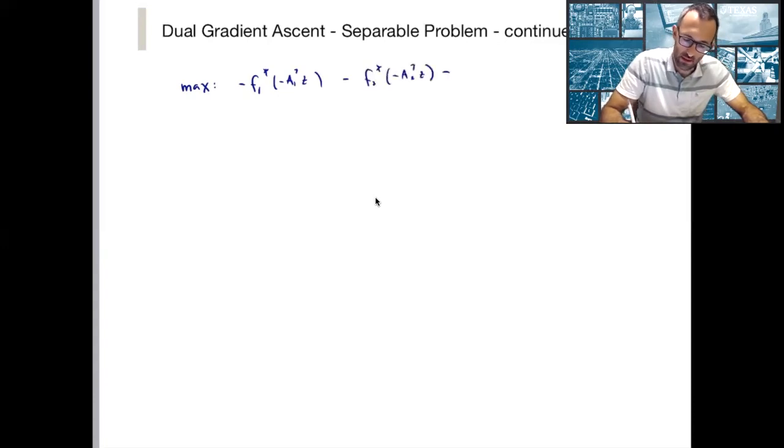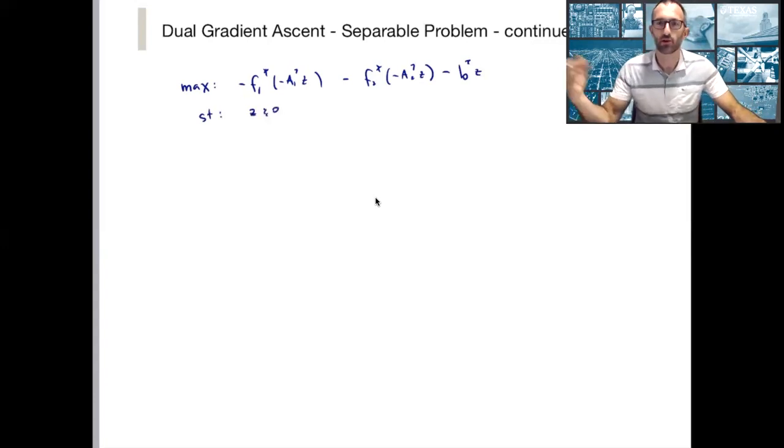Okay, so let's write down what the algorithm is. Again, just writing down the dual problem that I just wrote. This is minus f1 star of minus a1 transpose z minus f2 star of minus a2 transpose z minus b transpose z, subject to z.